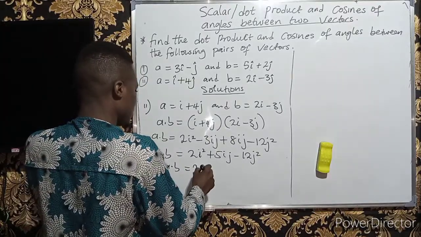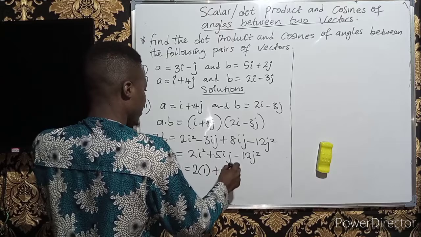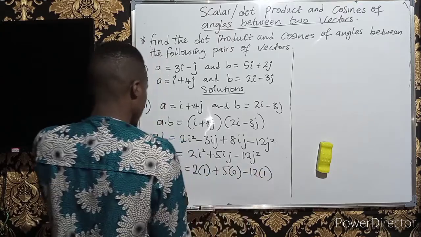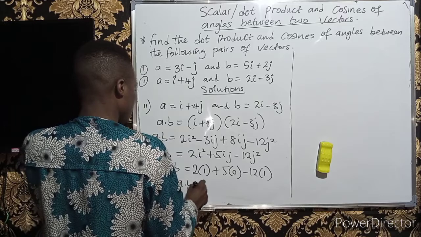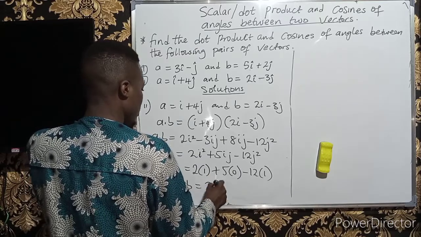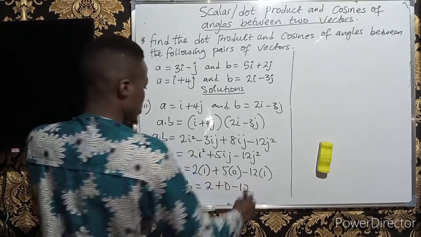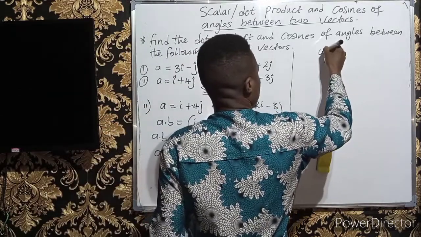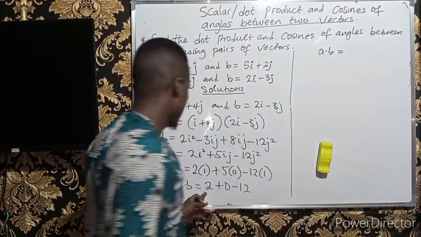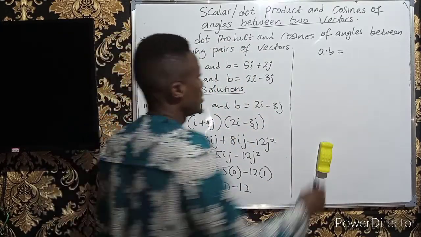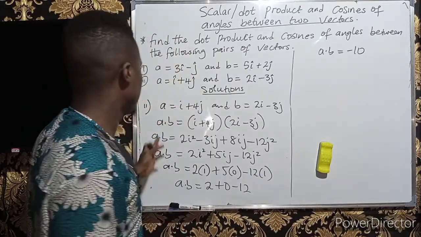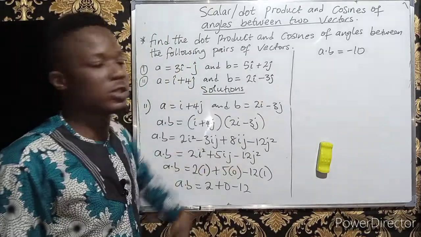We now have 2 bracket 1 plus 5 bracket 0 minus 12 bracket 1. So a dot b will give us 2 times 1 is 2, plus 0, minus 12. Finally, our a dot b will be 2 plus 0 is 2, and 2 minus 12 will give us minus 10. So the dot product of the vectors a and b is just minus 10.